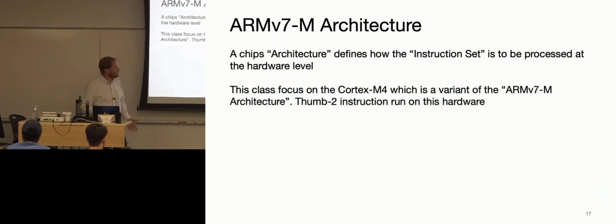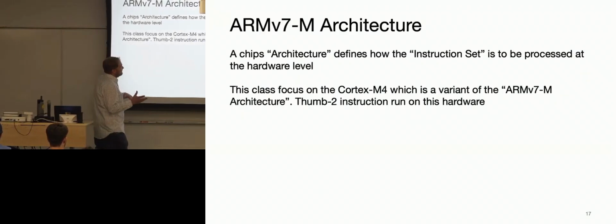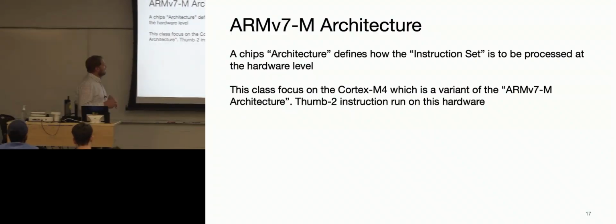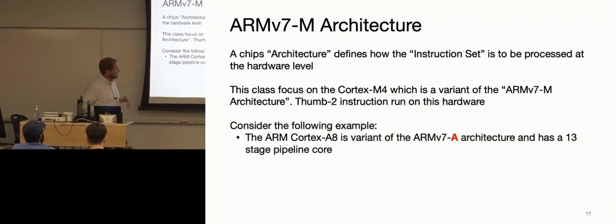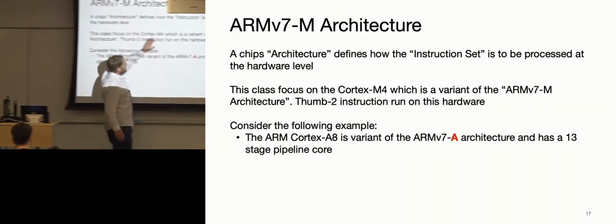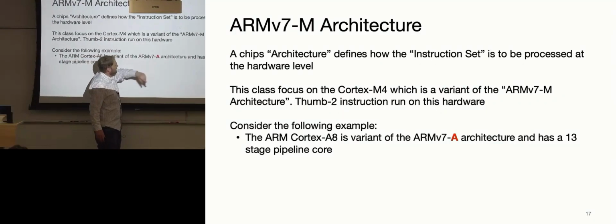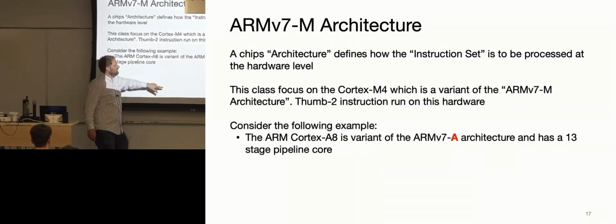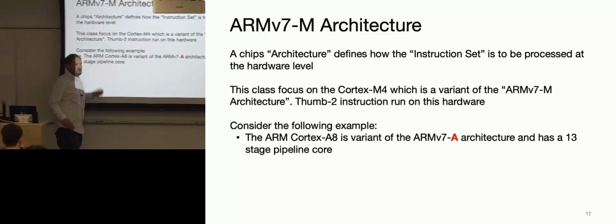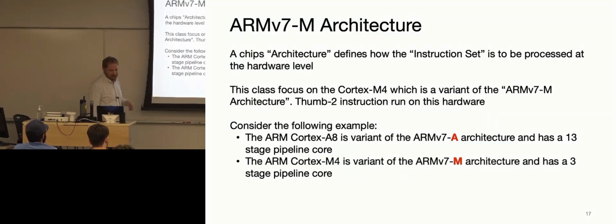So we can go through an example here. Architecture defines how the instruction set is being processed on the hardware level. This class focuses on the Cortex M4, which is a variant of M3. Yes, I know that. But consider the following example. Even though we're talking about the M4s, this is application class, so this is a slightly different architecture. So the Cortex A8 running this architecture is a 13-stage processor, application class.